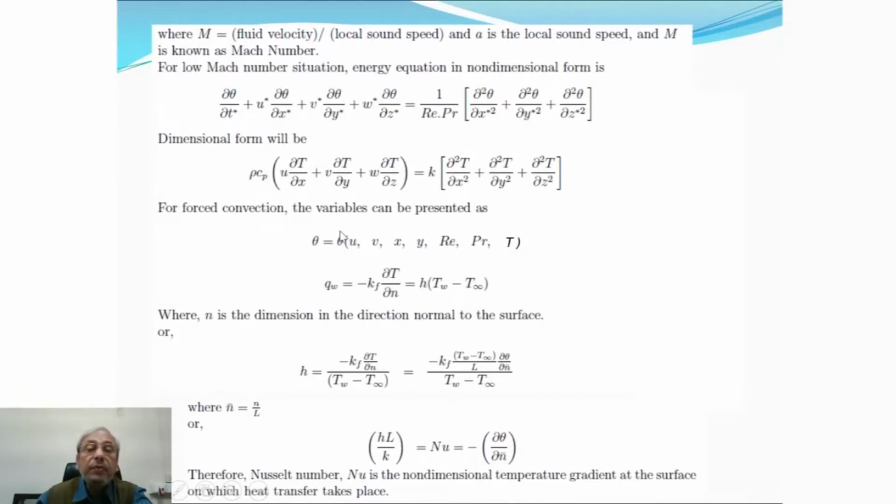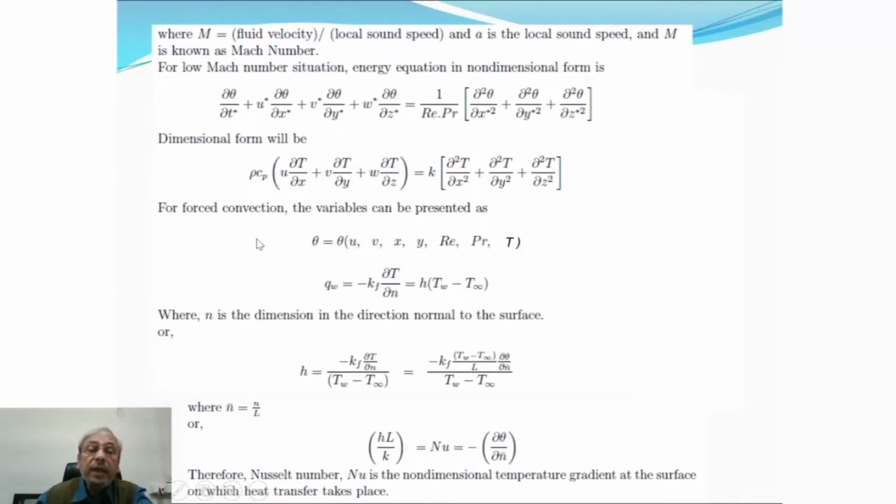So for forced convection, the variables can be presented as a solution of theta, where theta is a function of U, V, X, Y, Reynolds, Prandtl, and T is the temperature.